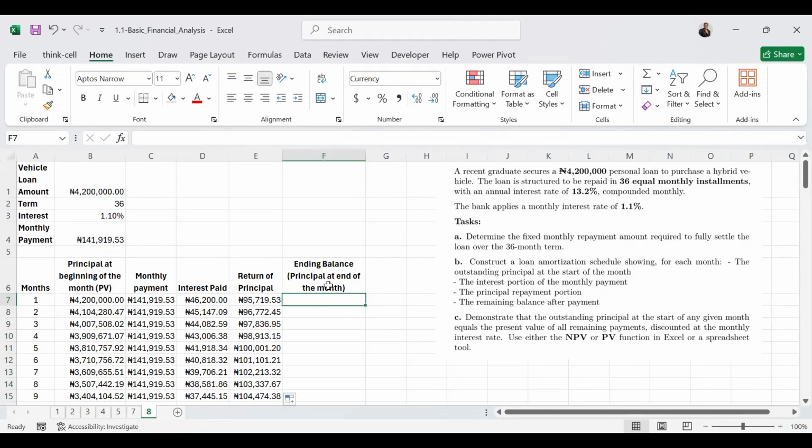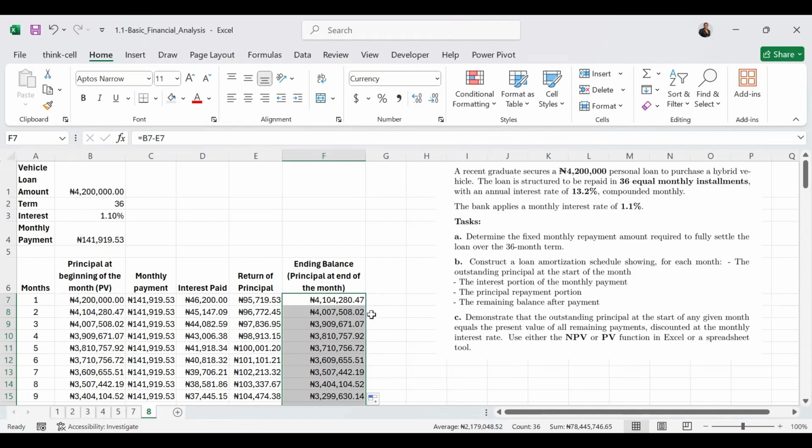And finally, my ending balance, that's the principal at the end of the month, will be my principal at the beginning of the month, D7 minus the return of my principal. Then I also copy down.